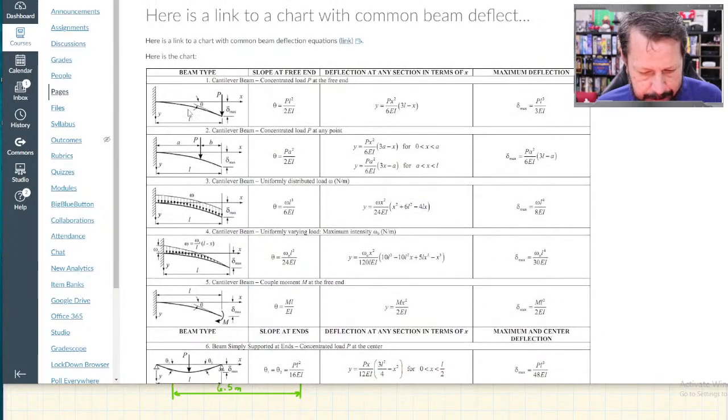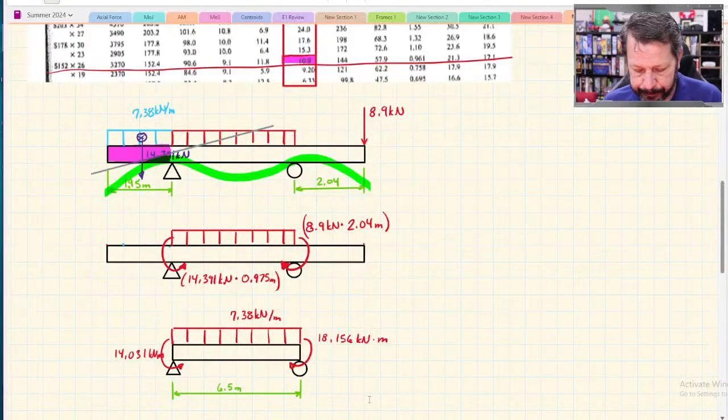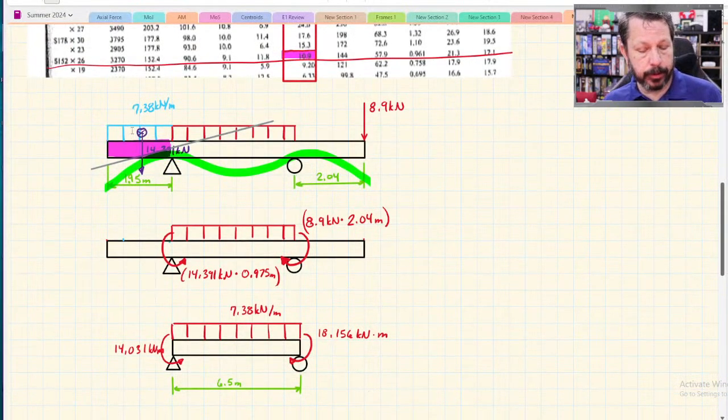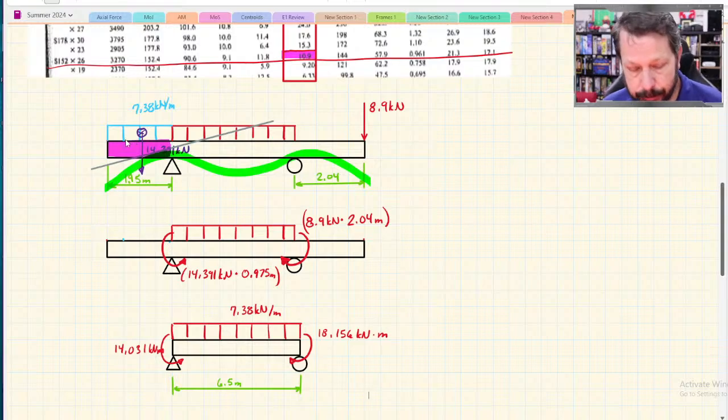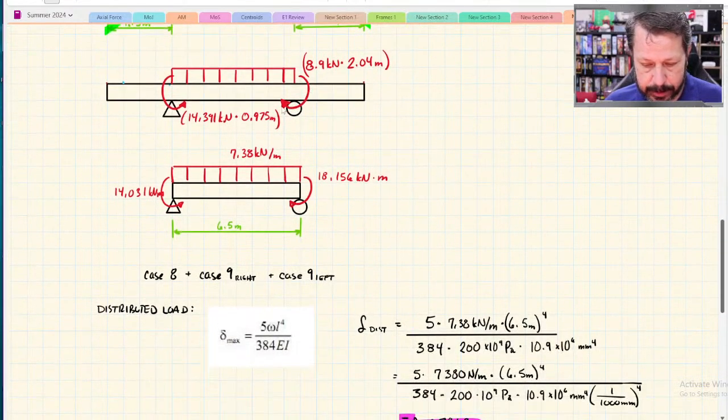Yeah, so they've got the slope at the wall, or the fixed support, 0, and then the equation for the slope is actually the slope at the free end, which is not what we want. So I'm thinking the blue distributed load does not contribute to the slope at the pin. But this point load over here does. So we converted the point load to this concentrated moment.